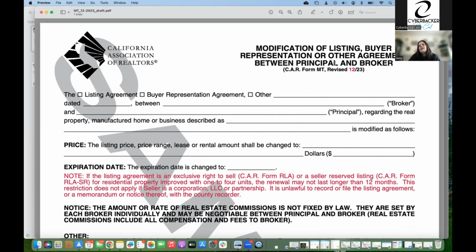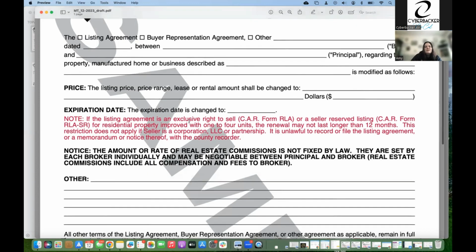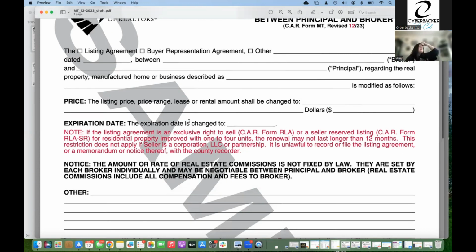And for clarification on things in contracts, we use the addendum. Here they added here, note, remember last week, if you were on, or if you've watched that recording, we talked about how the listing agreement is limited to 24 months for residential properties of 1 to 4 units. So they've also added a blurb here with regards to the expiration date, if we're going to extend the expiration date of a deal.